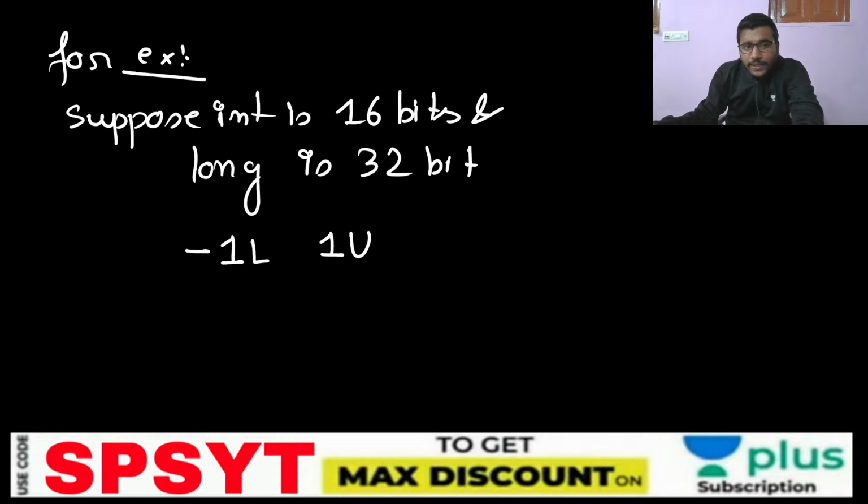So if I am writing -1L and 1U, one is long and one is unsigned.